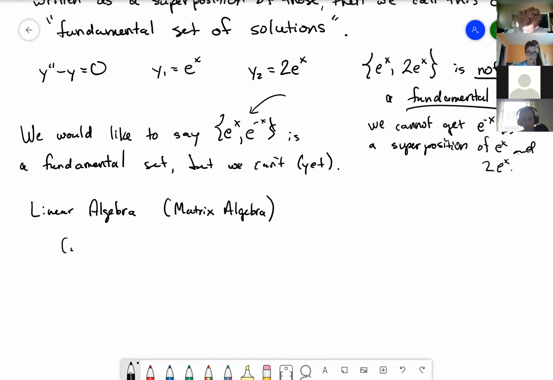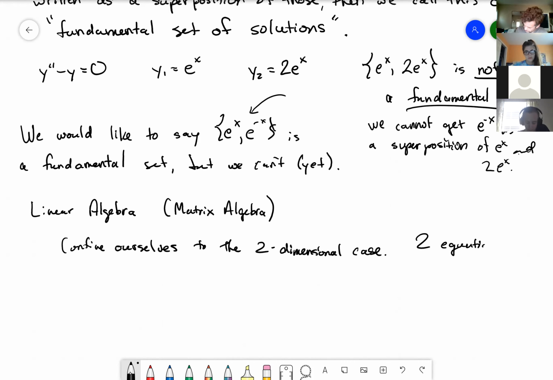So we're just going to confine ourselves for now to the two-dimensional case. In other words, the case that we were talking about before with two equations, two variables.